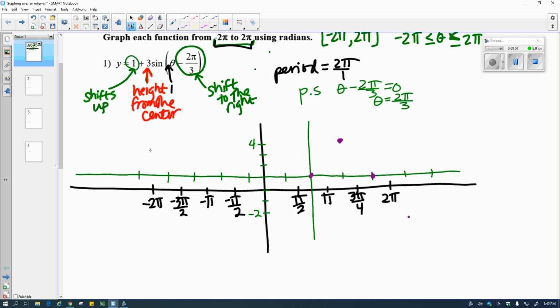Remember, it's going to max out here at that 4 top part. It's going to bottom out here at -2, and then it's going to pinch the graph in between -2 pi and +2 pi. Okay, so now I've framed out my graphing region.